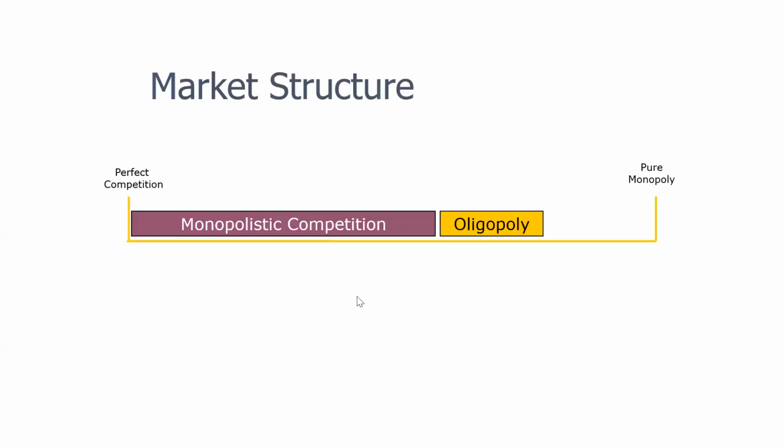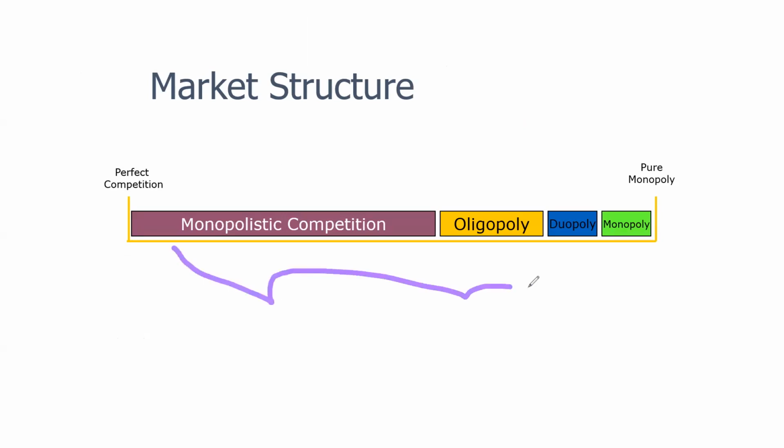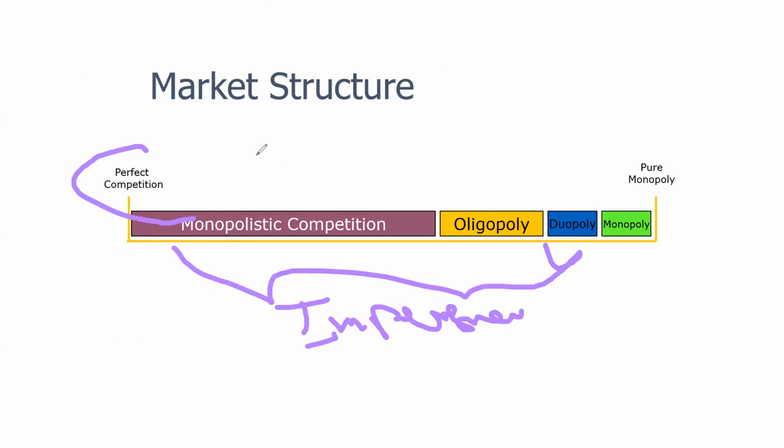Then if we put those markets into this continuum, normally we identify this as imperfect competition. Here the perfect competition, here the monopoly, and in between we can identify imperfect competition.